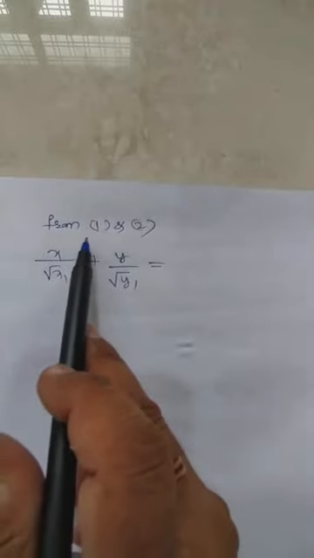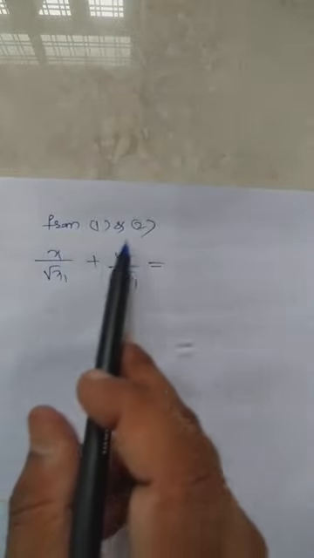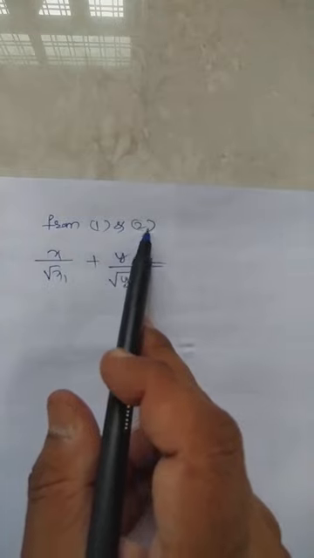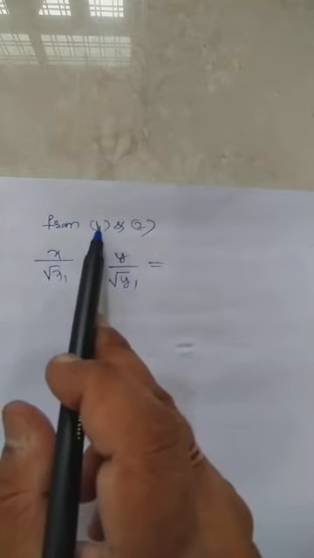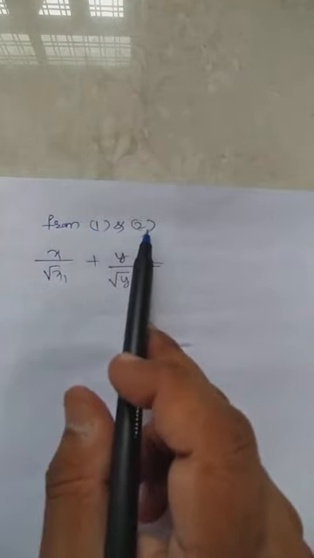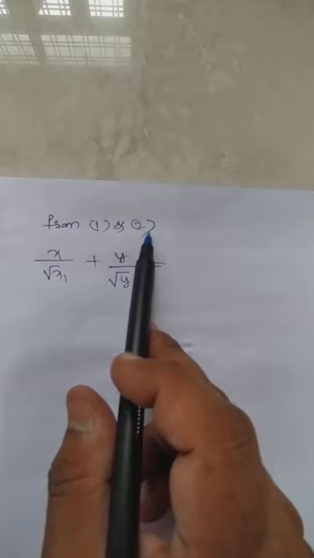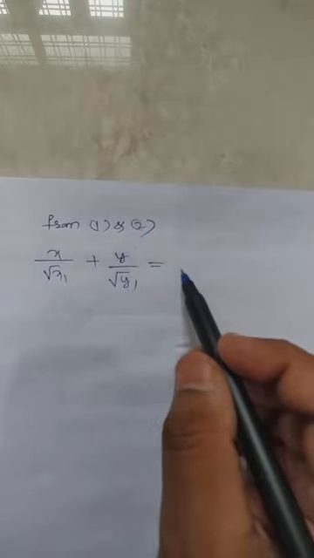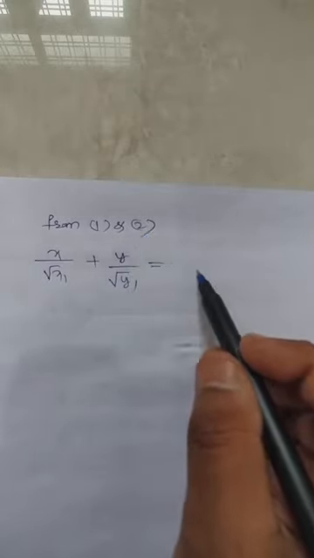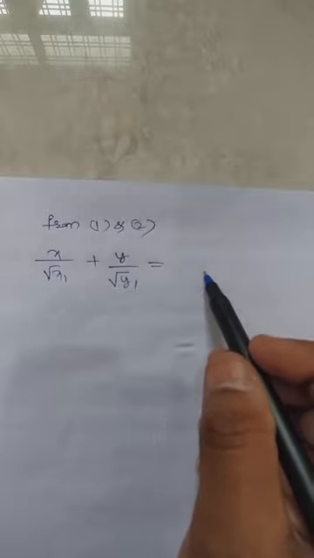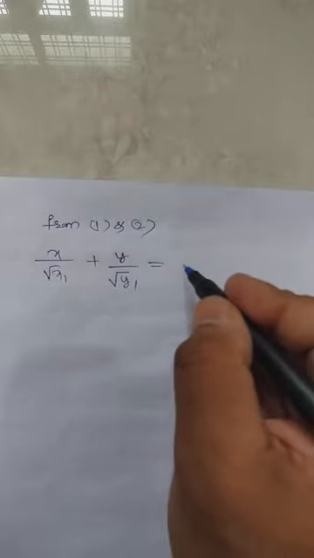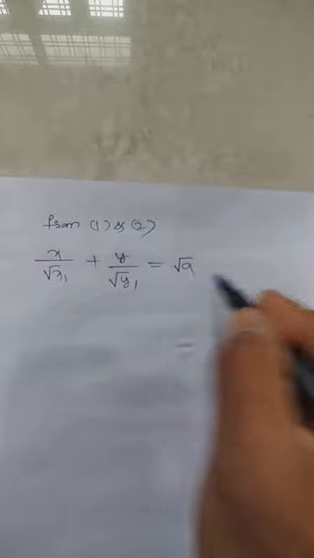So from 1 and 2, I am substituting the second equation into the first equation. Our second equation is root x1 plus root y1 is equal to root a, so that is the term on the right side of our first equation. So the right side of the first equation would be root a.